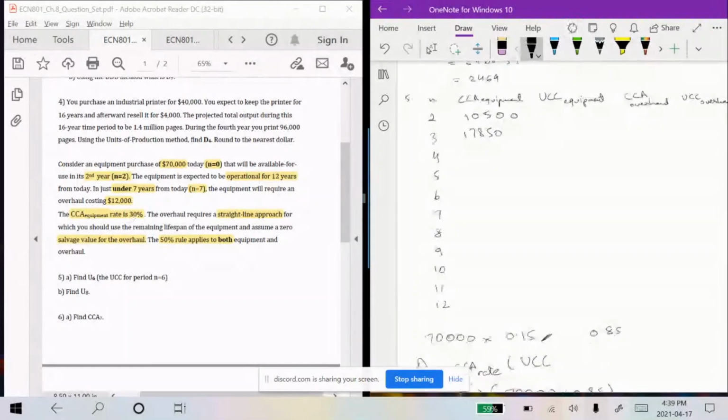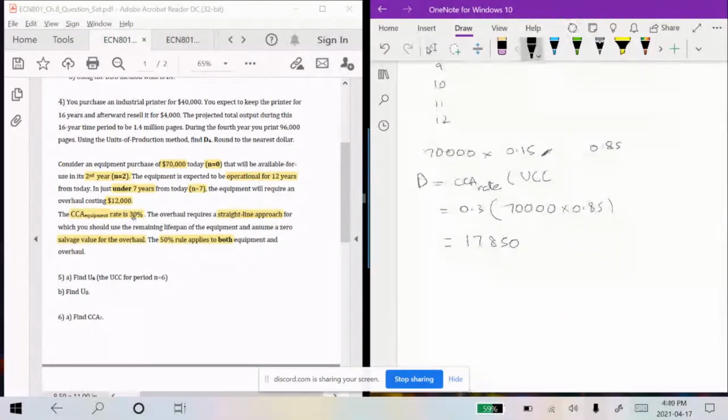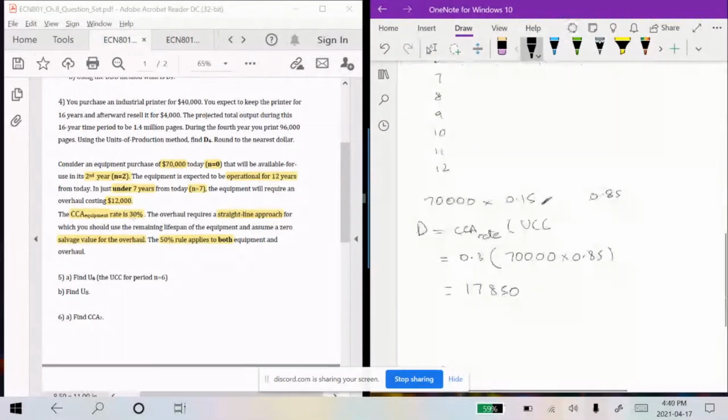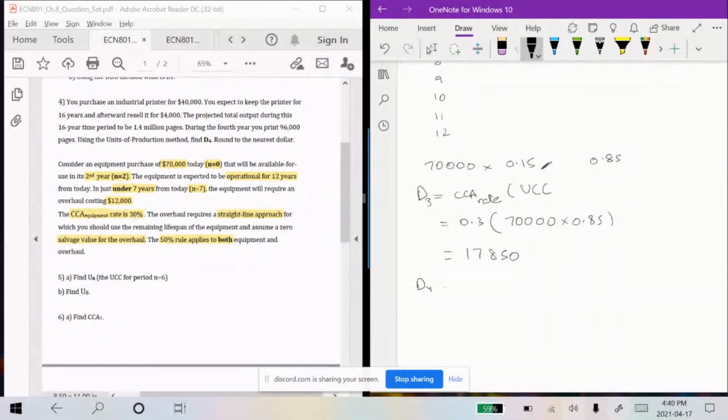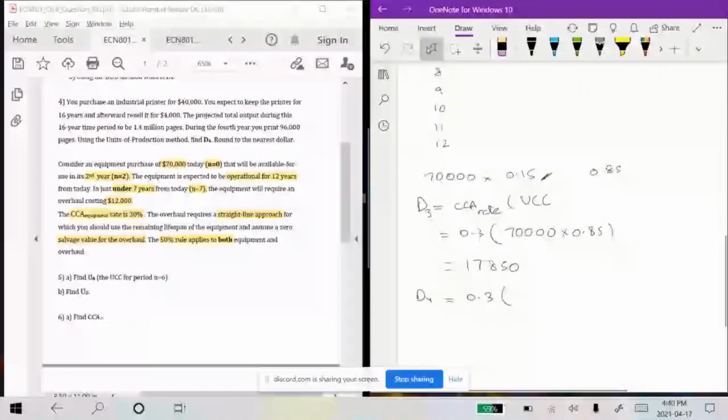Then similarly, we just keep calculating it. So this was for D3. For D4, you take the CCA rate, 0.3. To calculate the UCC, what happened is that it got depreciated by 15% in the first period, but then in the second period, it got depreciated by 30%. So we take the initial book value of 0.85.